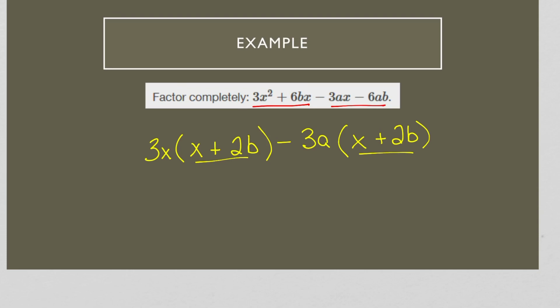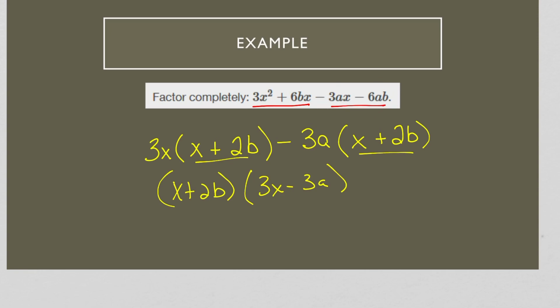Let's see here. So now we have x plus 2b. We're going to factor that out. And what are we left with? We're left with 3x minus 3a. Now, here's the thing that I failed to do, and I'm kind of glad I failed to do this, because I want to show you that in the very beginning, I should have factored the greatest common factor out of all four of these terms, but I didn't, okay?